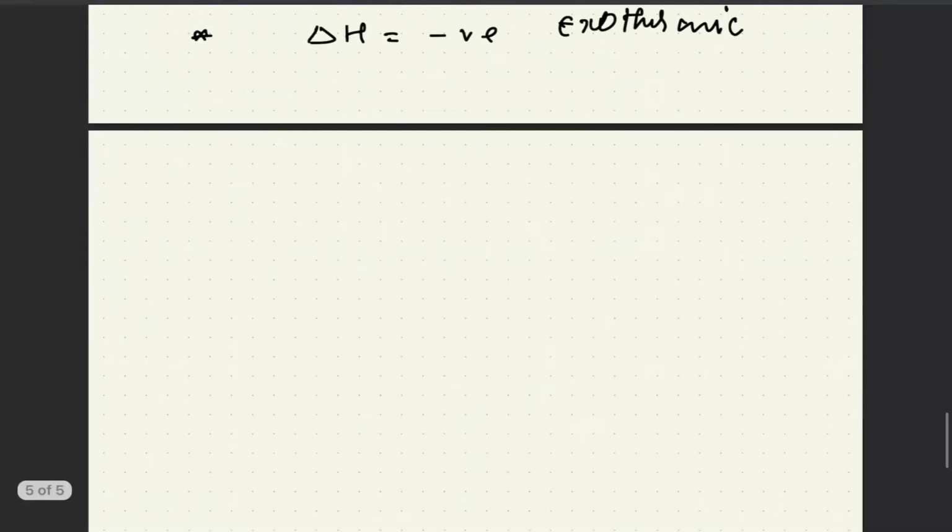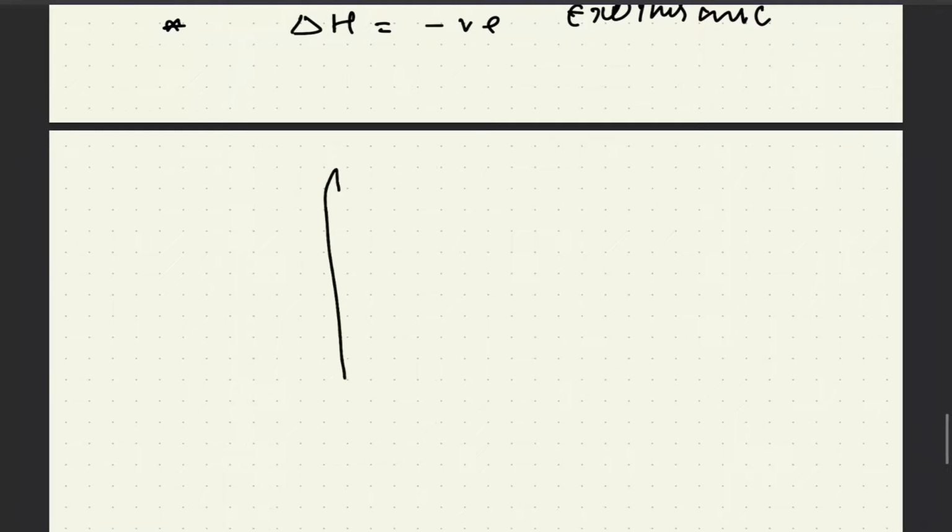If I show the potential energy and reaction coordinate graph, this is P, let's say. As there are two transition states, you'll have two peaks.